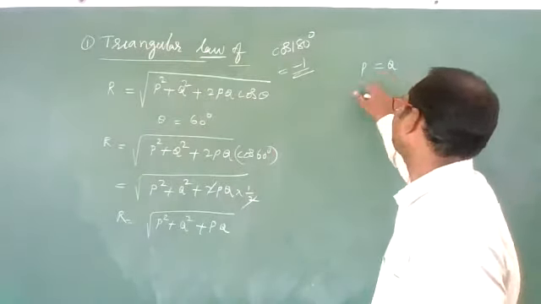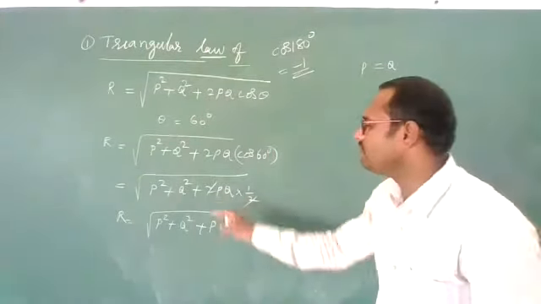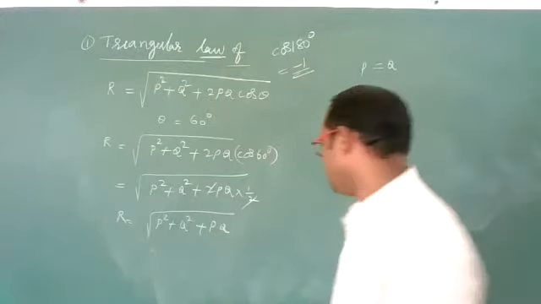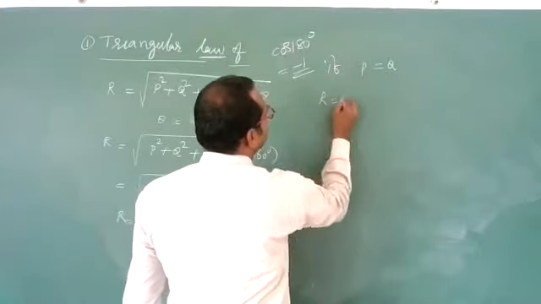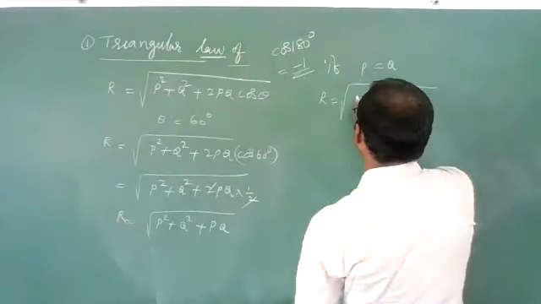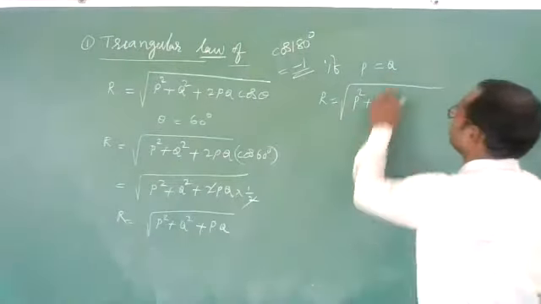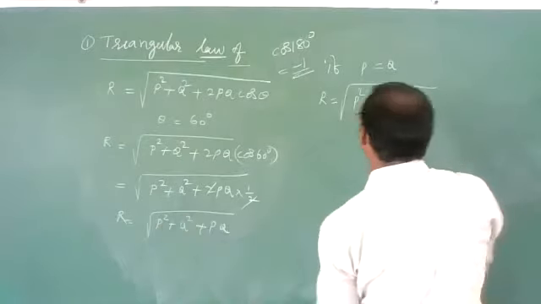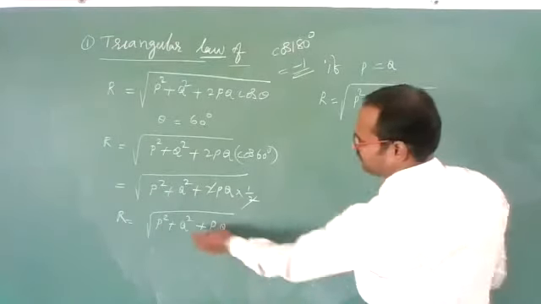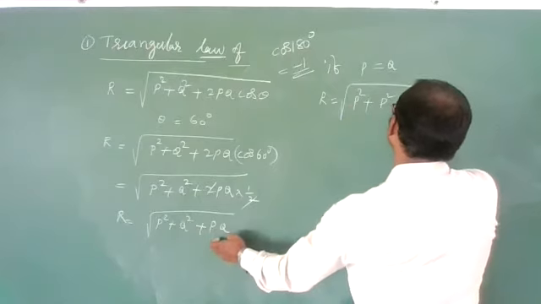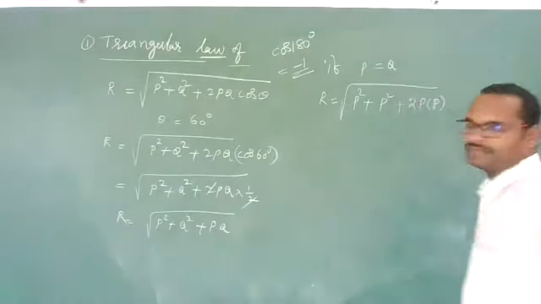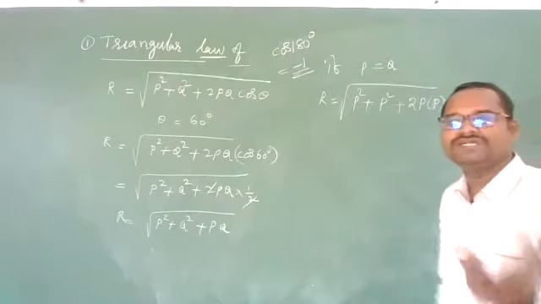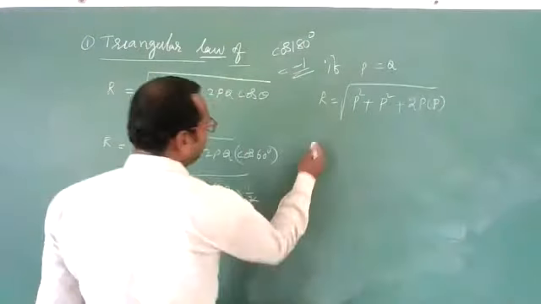Two vectors are equal, p is equal to q, so wherever q is there, substitute p. Then the resultant is root of p square plus p square plus p into p.